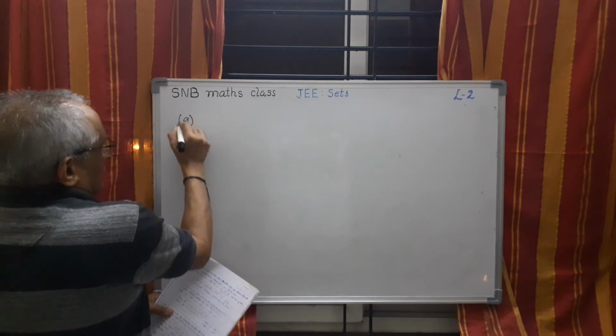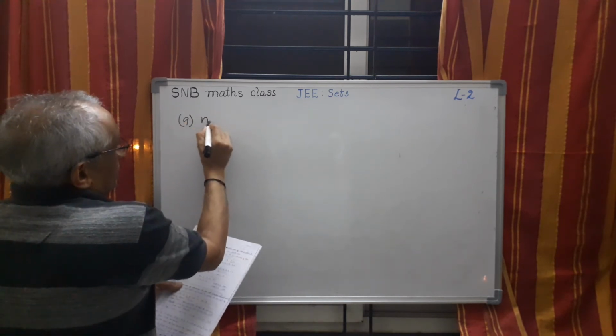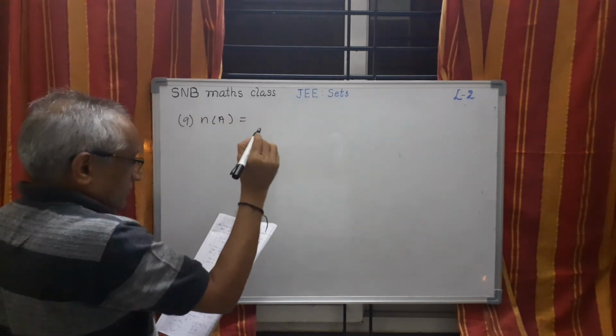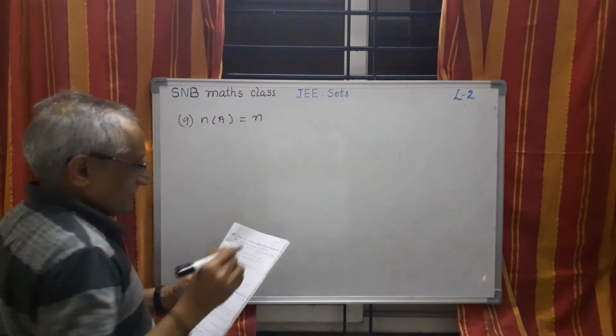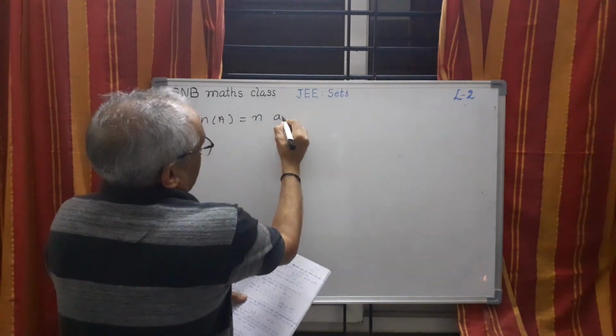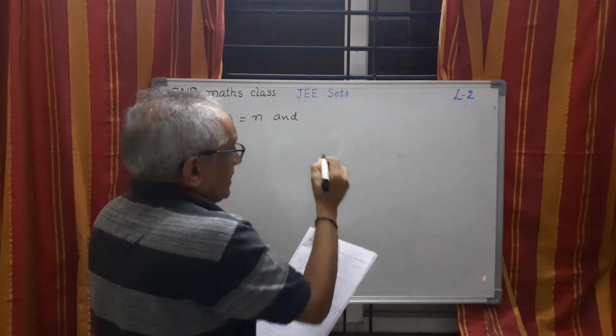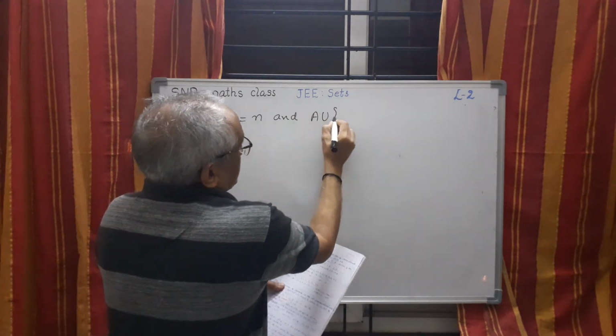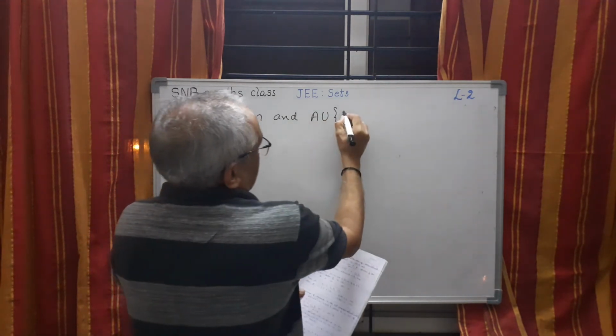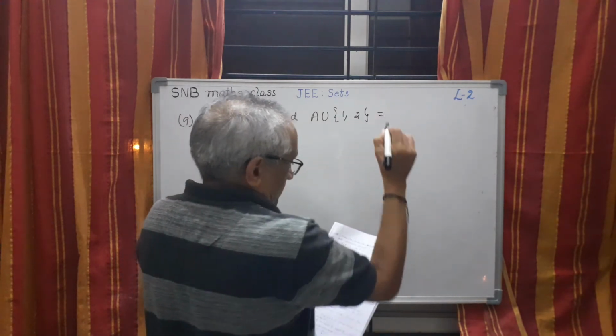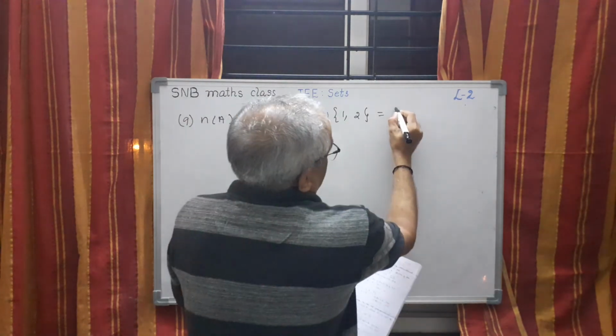So I think the ninth question: the number of elements of A equal to n, and A union {1, 2} is {1, 2, 3, 4, 5}.